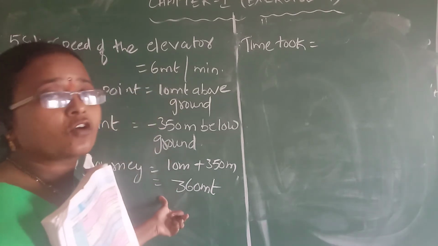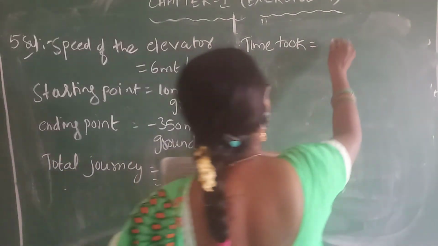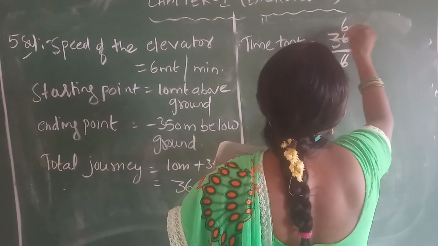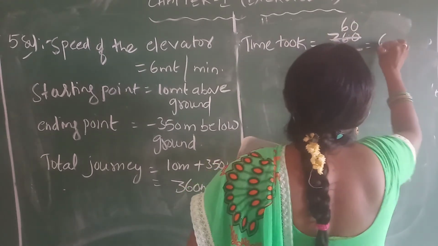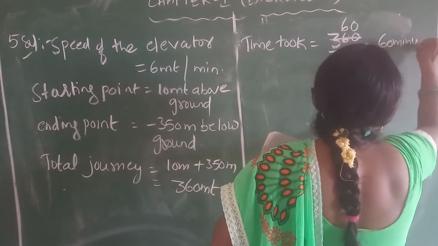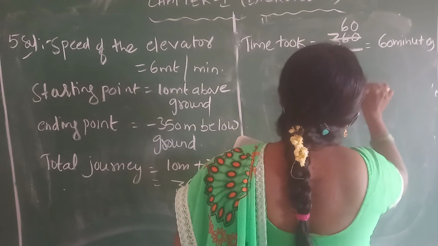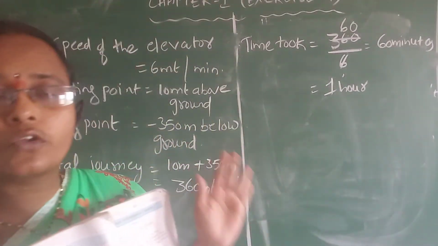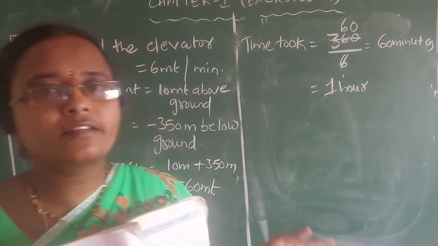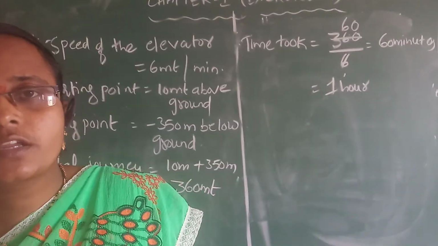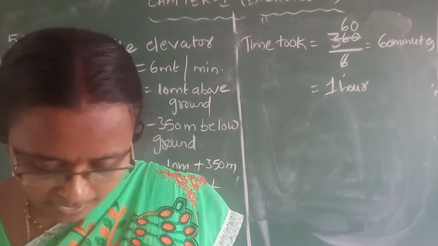For 360 meters, how many minutes? It is equal to 360 divided by 6. 6 ones are 6, 6 zeros are 0, so 60 minutes, which is nothing but 1 hour. The time taken for the elevator to reach from above the ground level down to minus 350 meters is 1 hour.